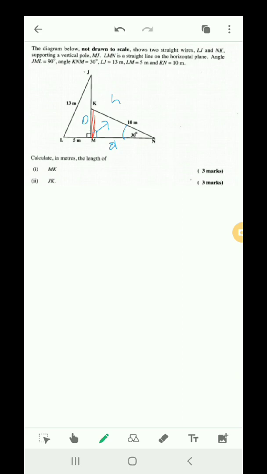Alright, so to find the opposite side, MK, we'll have to use one of our trig ratios. And a nice little mnemonic to help you remember the trig ratios is SOH CAH TOA.